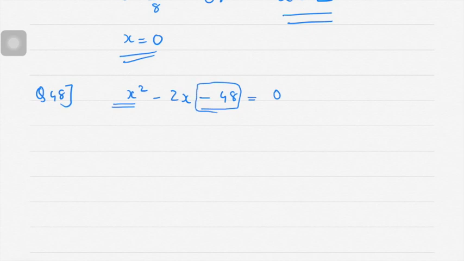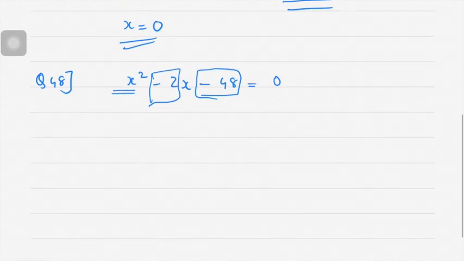You want two numbers which, when you multiply them, give minus 48, and when you add them, give minus 2. So the product of the two numbers should be minus 48 and the sum of the two numbers should be minus 2.